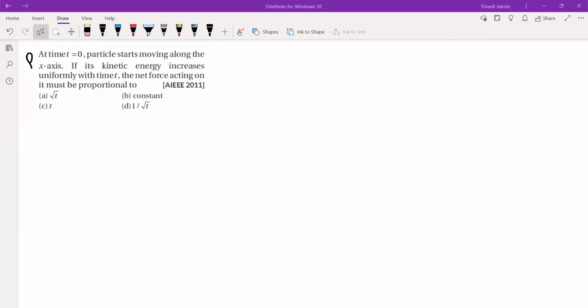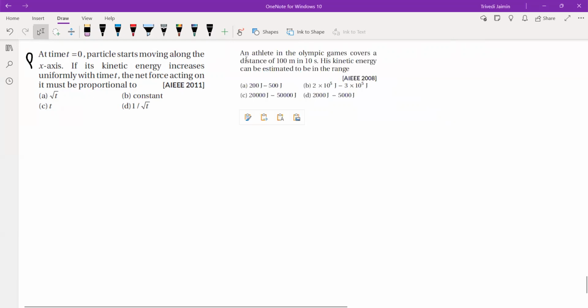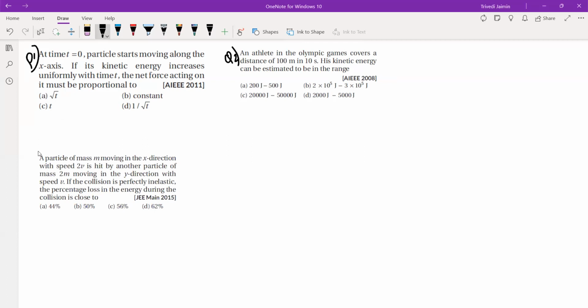Then you can take a screenshot together. Two more. One more. This one is solved.